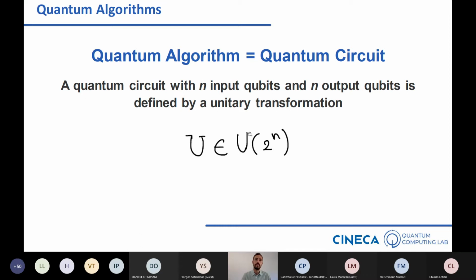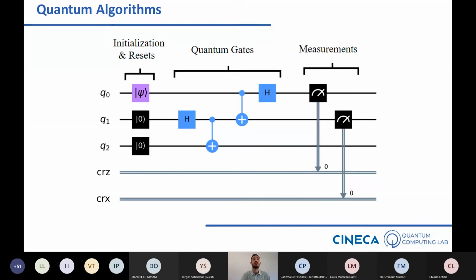You can write the set of unitary transformations as U(2^n), because they are unitary matrices of dimension 2^n, so 2^n rows and 2^n columns. A quantum algorithm looks like this. This is a quantum circuit for gate model quantum computing: we have initialization, quantum gates, and then measurement.